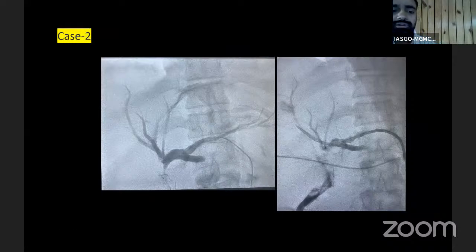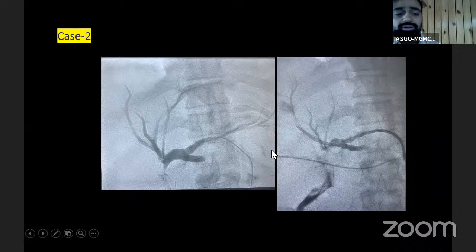This is the second case. This is a young lady who underwent lap cholecystectomy, and she was referred to our hospital for biliary leak management. The GI surgeon referred this case to me for PTBD. So I first punctured the left duct and then did cholangiography.